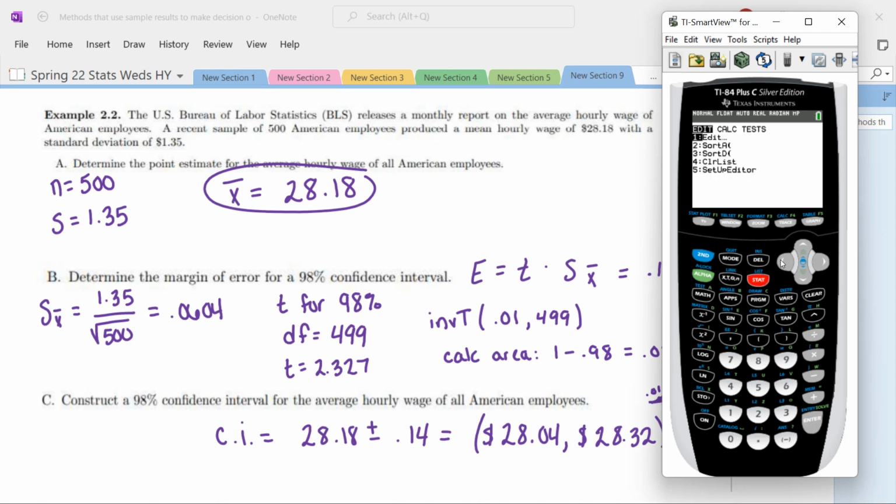Okay, checking that in my calculator. I want my t interval. Nope, not the 2 sample one.